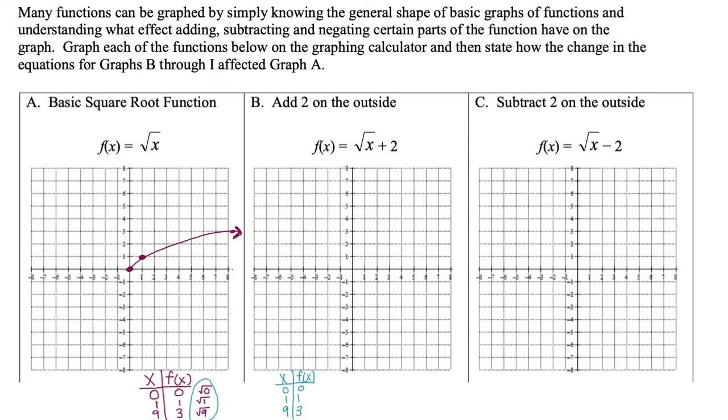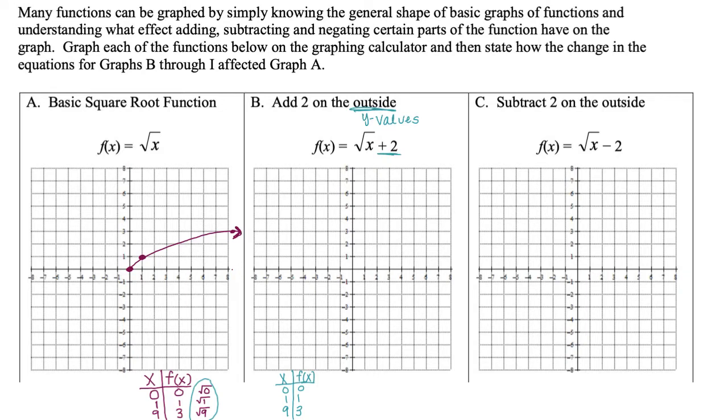So notice what it says is add 2 on the outside. So if we're adding on the outside, that's going to be talking about your y values. And if it says inside, that's going to be your x values. So this is trying to help us in the point that +2, notice that's kind of on the outside portion.